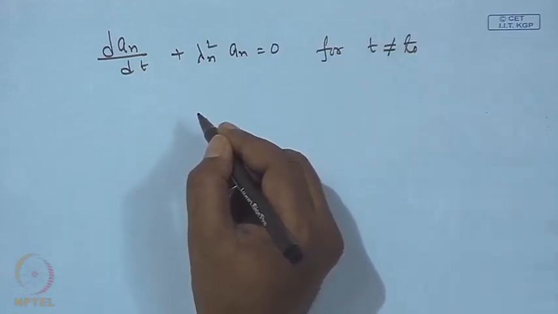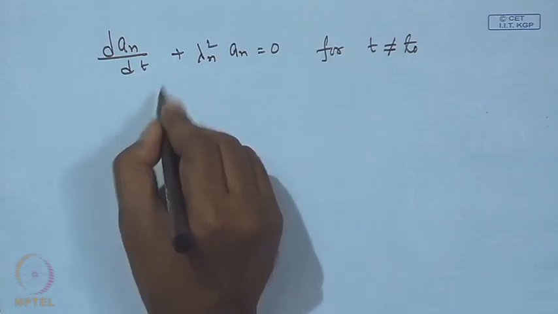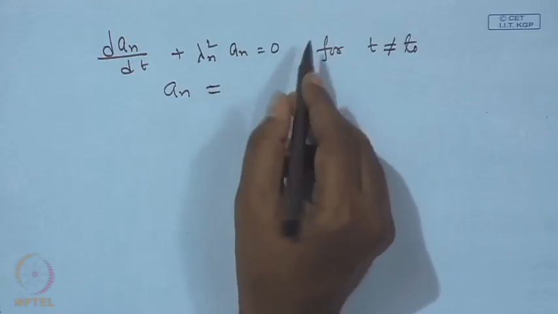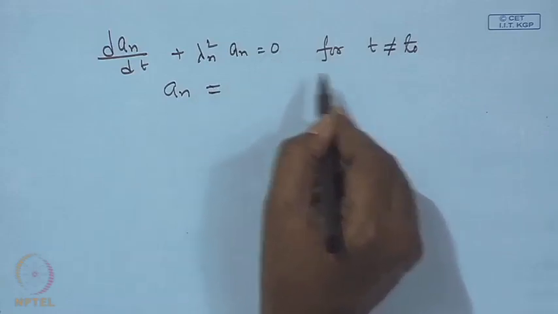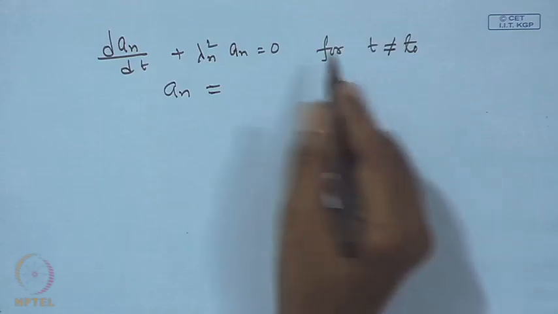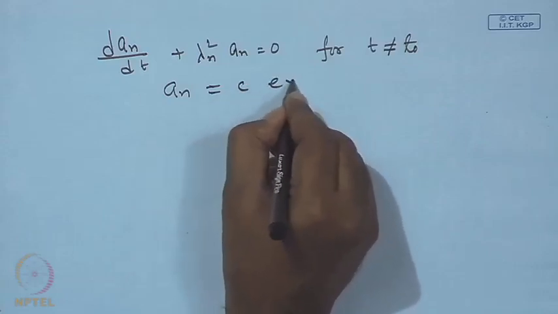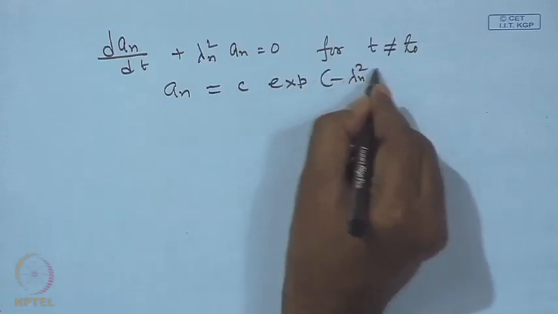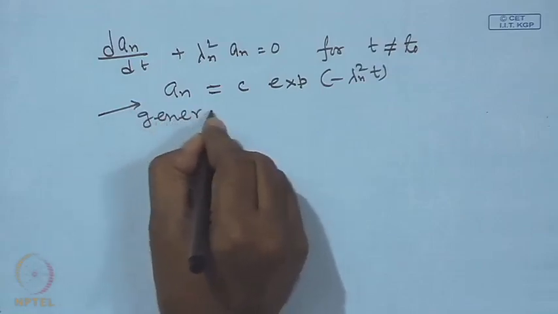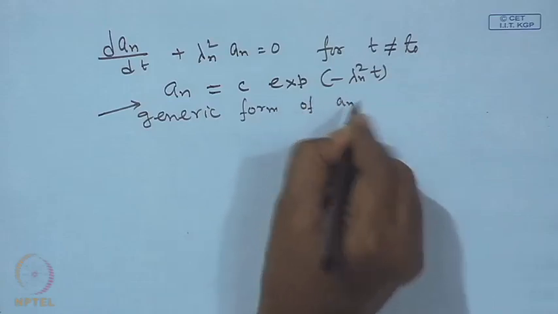So, except at that point, the Dirac delta function on the right hand side will be equal to 0 for any value except the point of application of the unit impulse, that is t equal to t naught. Therefore, a n will have a generic form c exponential minus lambda n square t. So, this is a generic form of solution a n in this equation.